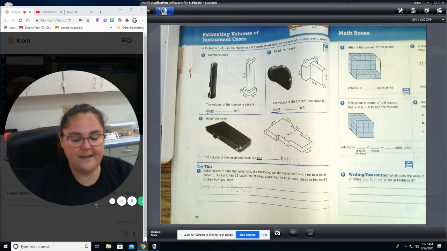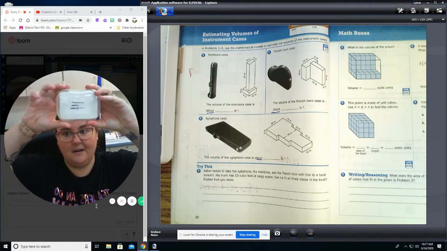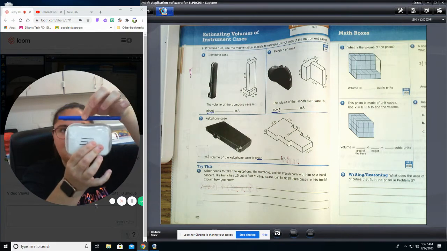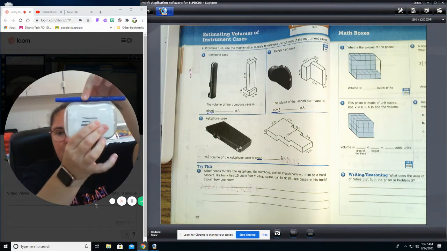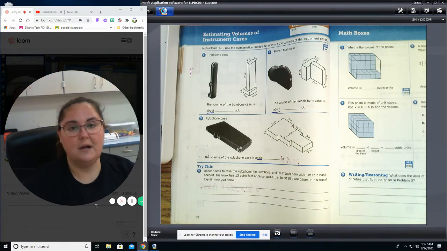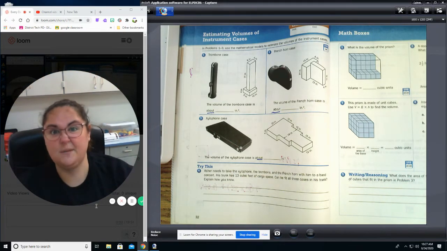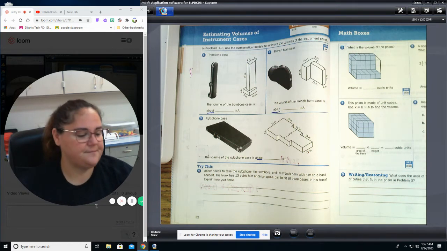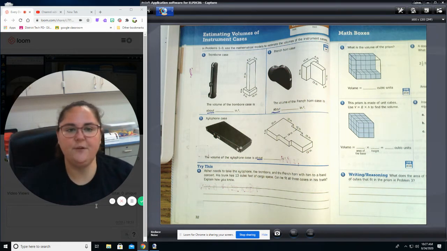It's just like if I tell you that I want to measure this little case here, I can make an estimate and pretend like this is a straight line. And there still is a little tiny space in there that you would have to account for, but as long as I have a close estimate, I'm okay. The way you do this, if you see a problem like this, is you literally have to separate the problem into pieces.